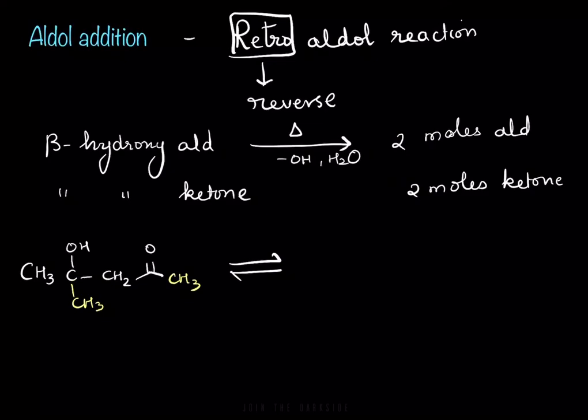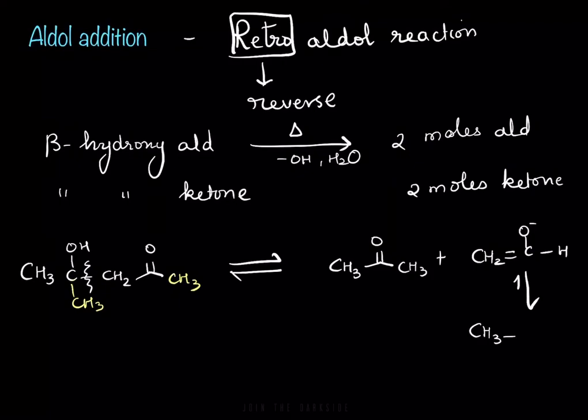This will be cleaved right here to form the 2 ketones. So the first ketone is formed, and the next ketone actually tautomerizes between the 2 structures. And we know that ketone is going to be the most stable tautomer.